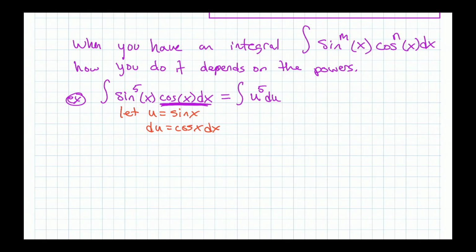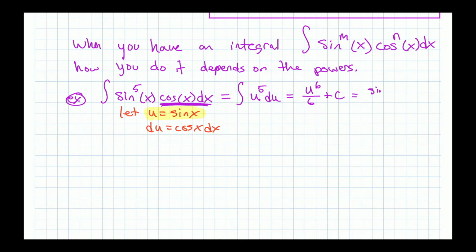And so that substitution really takes care of this integral quite easily, because then you just use the power rule, u to the sixth over 6 plus c, to do the integral. And then for your final answer, you just substitute back in u equals sine x.